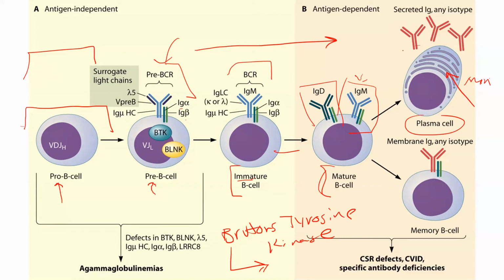Now, there's different types of immunoglobulins. What's the main one that a B cell is going to make if it is able to make only one type of antibody because they're lazy? IgG? No. It's going to be IgM.